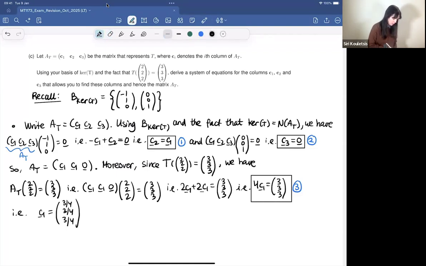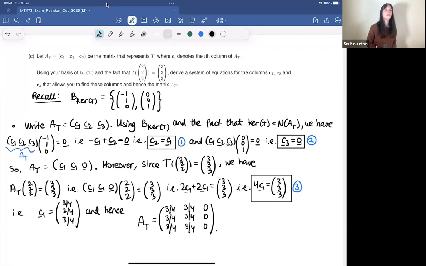And now we can write down our matrix AT. And then we have one more part.